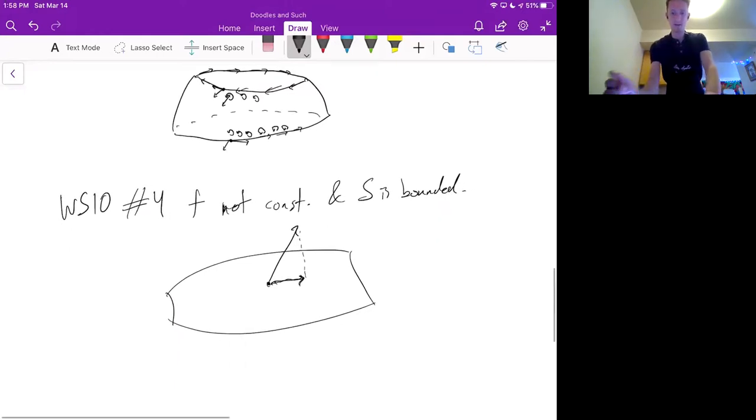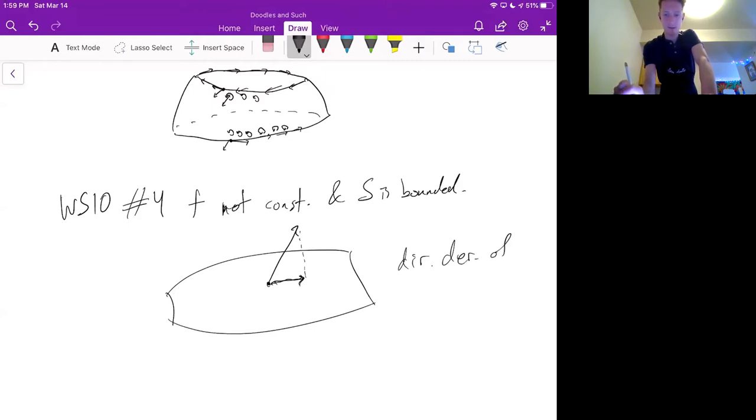This is from the fact that the directional derivative of f in the direction of u is given by the gradient of f dot u, you might remember.